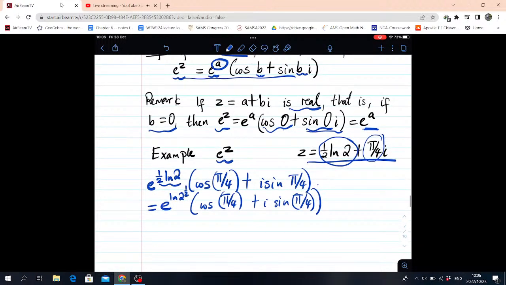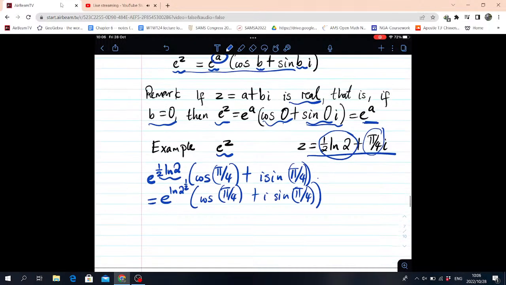And from here we can ask, what is e to the natural log of 2 to the half? That is just equal to 2 to the half, which is the square root of 2. And then the cos of pi over 4 is square root of 2 over 2, plus i sine pi over 4, which is equal to root 2 over 2, again the same.